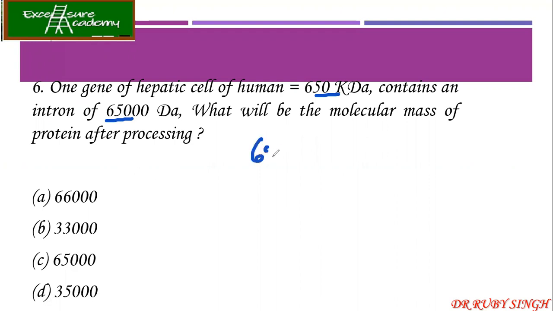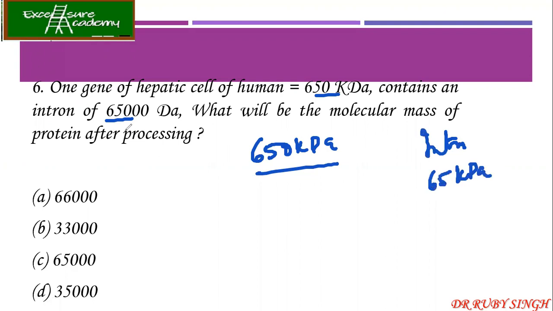It is given that the total is 650 kilodalton, and an intron of 65 kilodalton is present. So what are you going to do? Anyone?